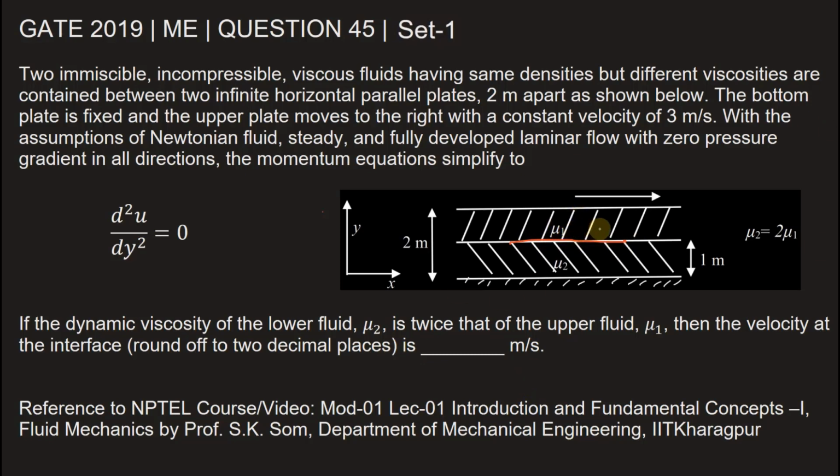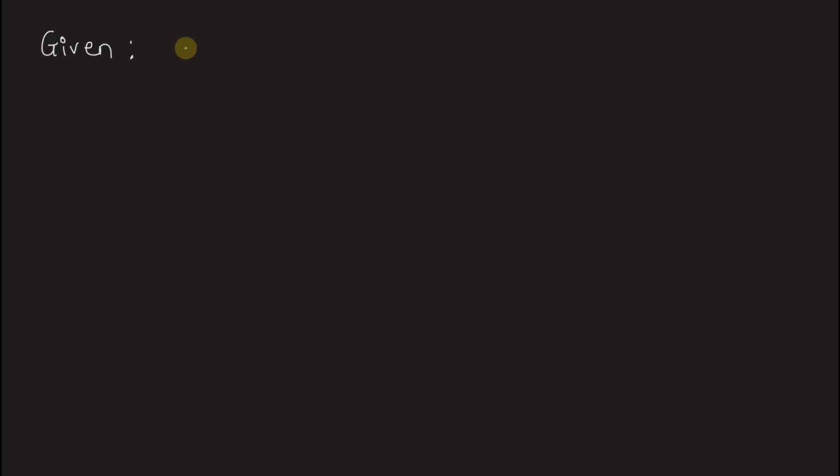Let all the properties of upper fluid be written with the subscript 1 and the lower fluid be written with the subscript 2. Here we have been given density of fluid 1 is equal to density of fluid 2, then viscosity of fluid 2 is twice viscosity of fluid 1. The height of the part with fluid 2, let that be h2, it is 1 meter given in the figure.